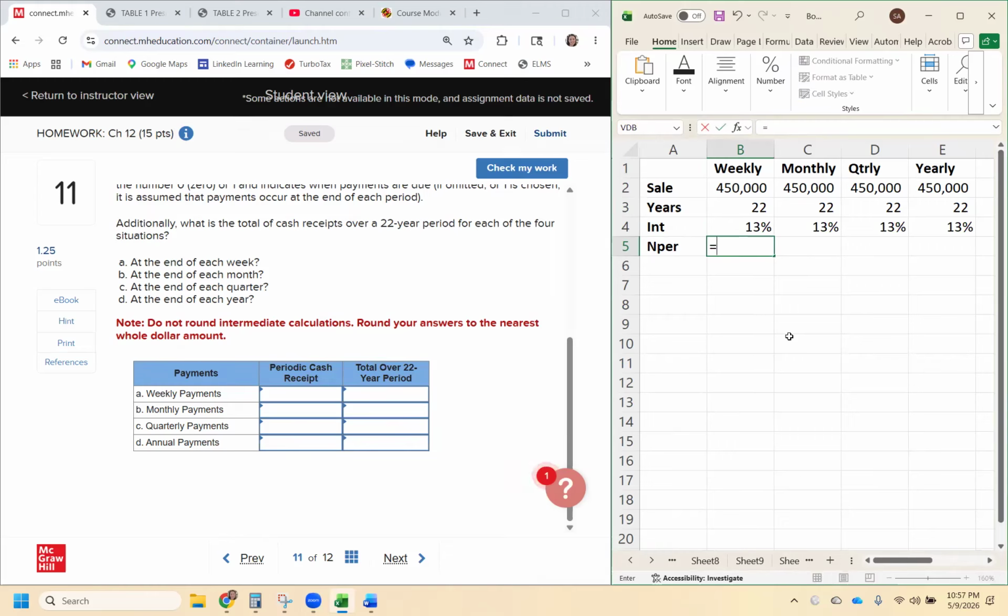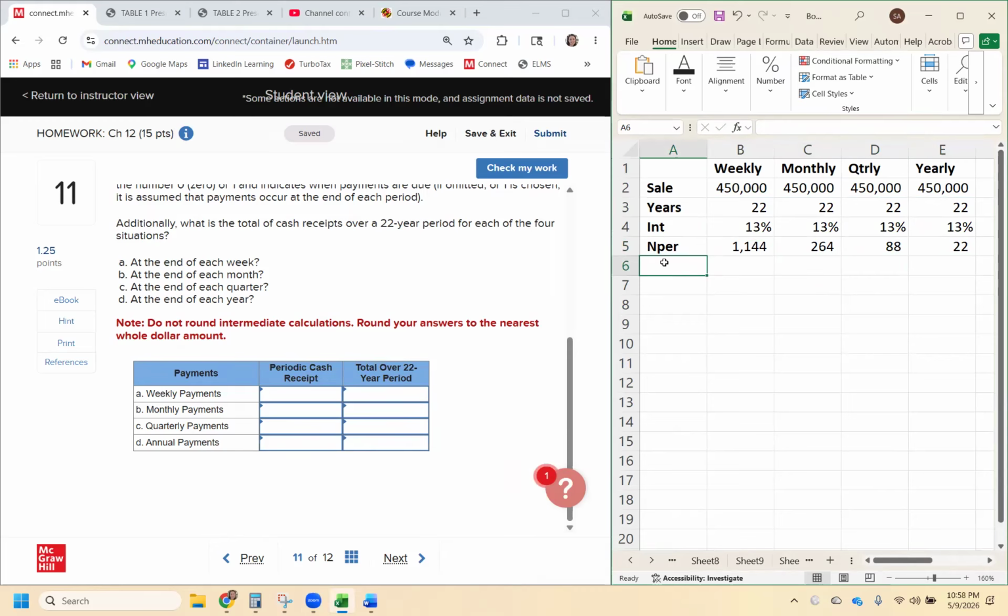All right, so if they pay us every single week, then the number of payments we'll get is equal to 52 weeks in a year times 22 years. Okay, if they pay us every month, it'll be 12 months a year times 22 years. If they pay us every quarter, it'll be 4 payments a year times 22 years. And if they pay us every year, it'll be 22 payments.